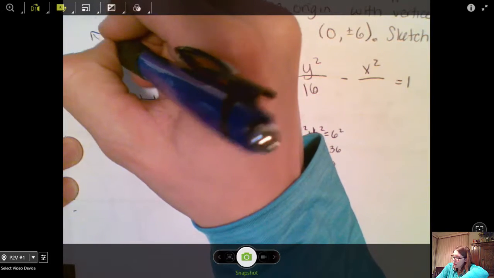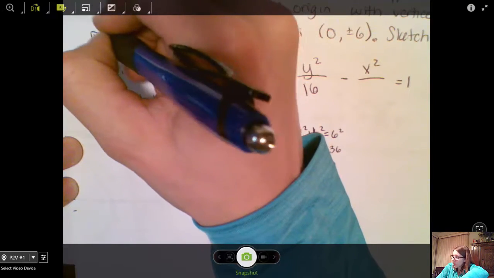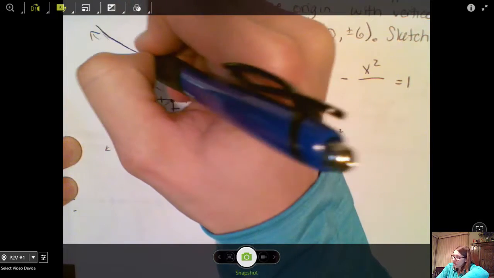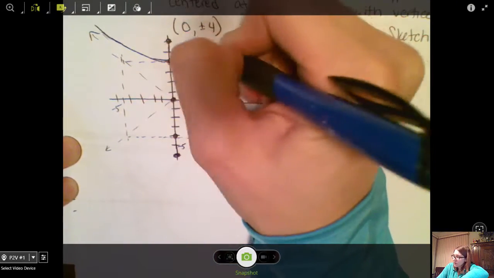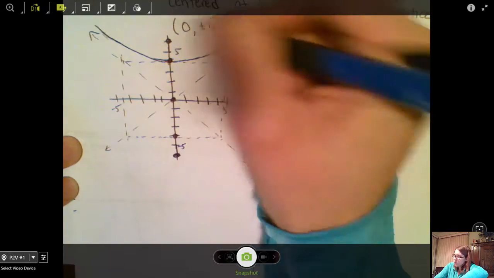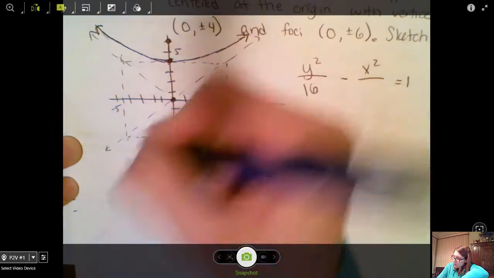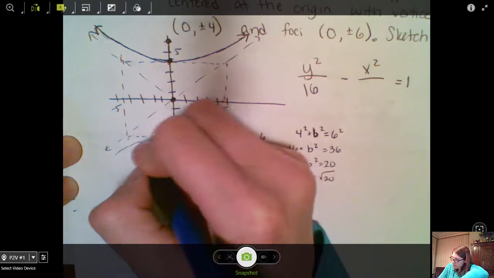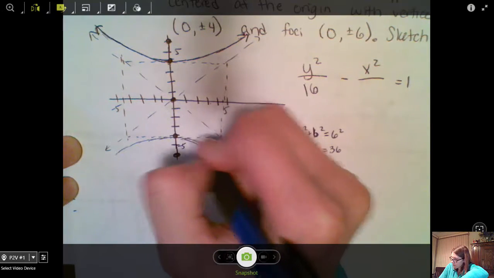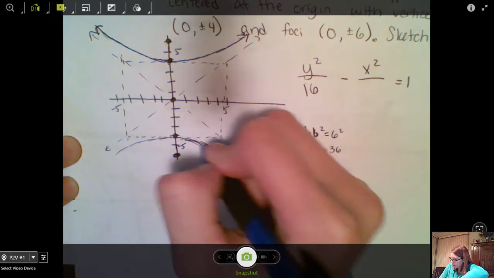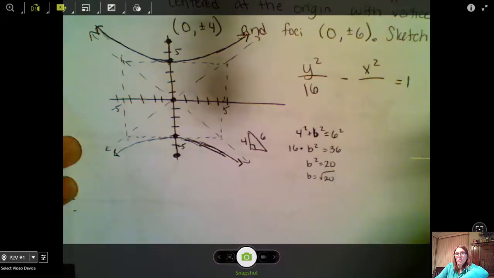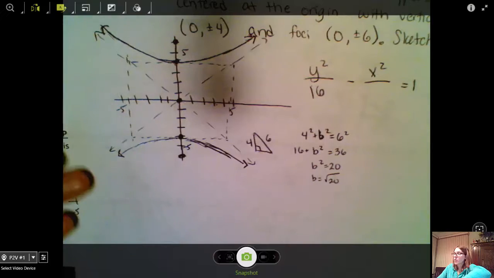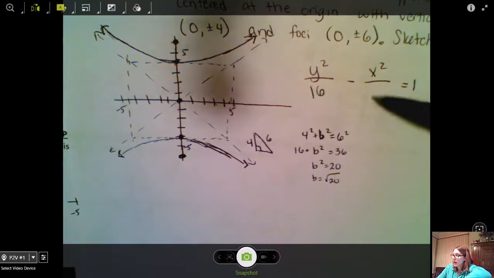Now we can really draw in what our hyperbola is going to look like. We have those asymptotes that the hyperbola is not going to be able to cross. Looks something like that.